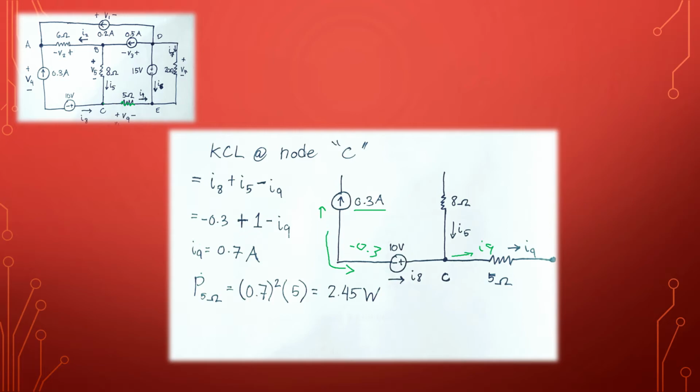We solve it and get the current I9, 0.7 amperes. This means that 0.7 amperes is going into our 5 ohm resistor. With our resistor and our current, we can use P equals I squared times R. We get 2.45 watts of power. This means this resistor is drawing 2.45 watts.